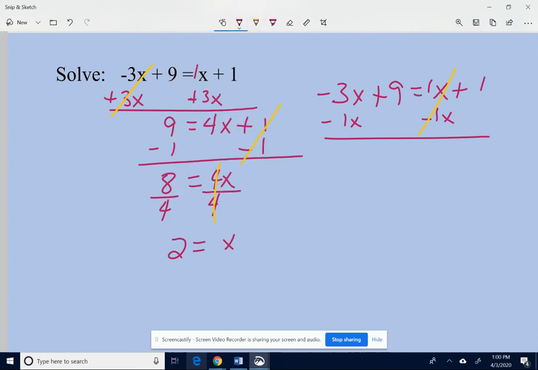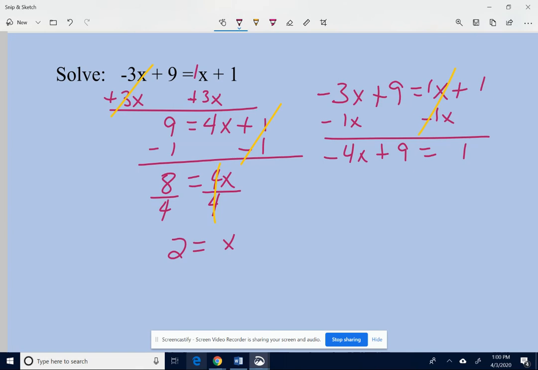On the left, I have negative 3x minus 1x. Treat that as a negative 3x plus a negative 1x, which is a negative 4x. Plus 9 equals 1. So negative 4x plus 9 is equal to 1.